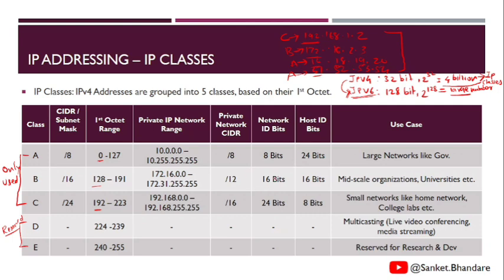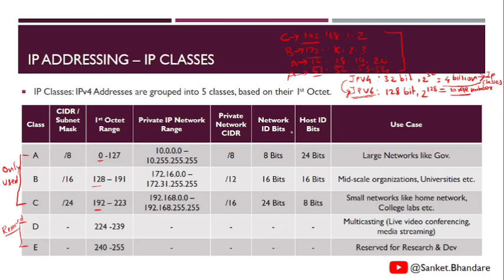Then in class B, the first 16 bits will be assigned to network and the next 16 bits will be assigned to host. And based on these 16 bits, your host will be identified. In class C, the first 24 bits are assigned for network and the last 8 bits are assigned for host.